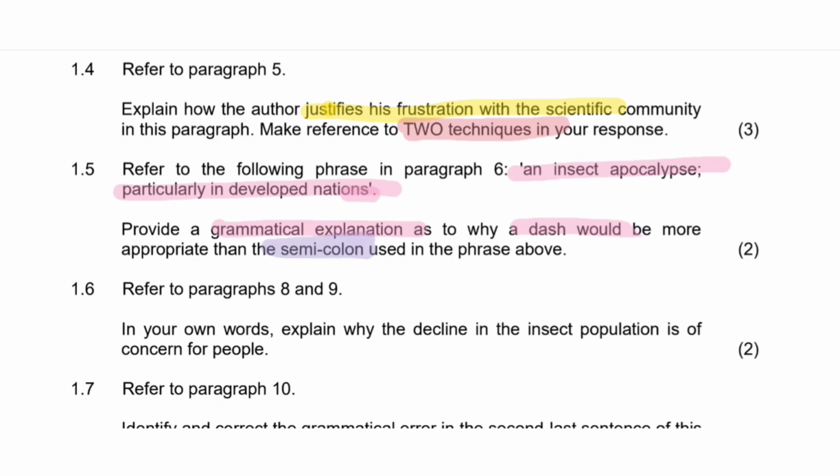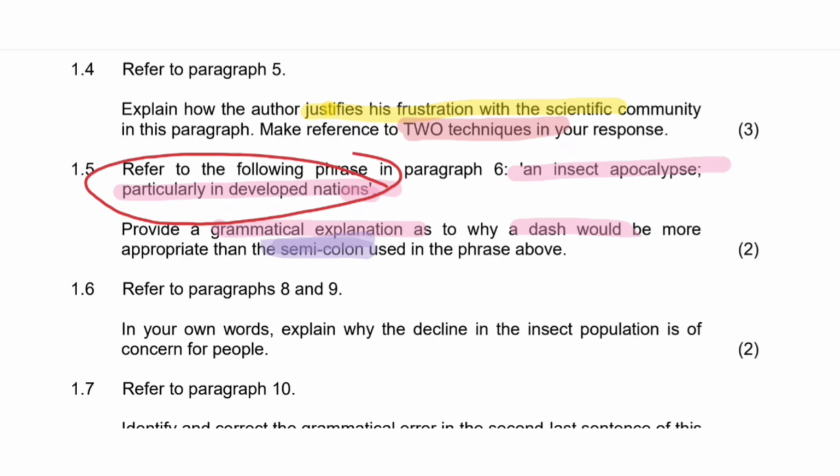We must recall the function of a semicolon and the function of a dash to be able to answer this question. We know that a semicolon is used to join two independent clauses that are related. Then we must inspect our phrase and ask, are these two independent clauses that are closely related? And you can see that no, because this is not an independent clause. It cannot stand on its own.